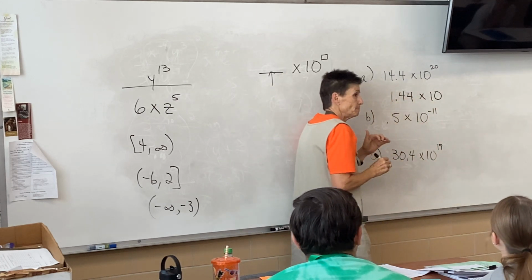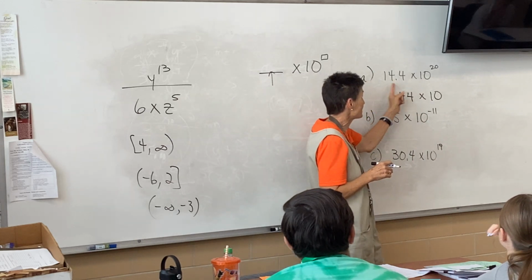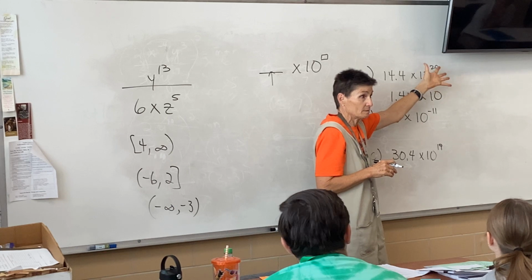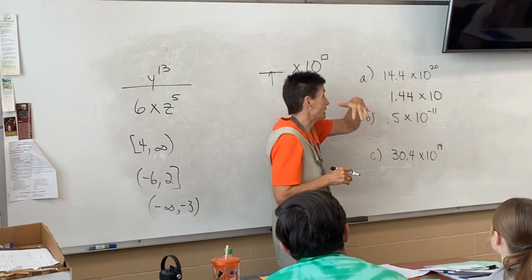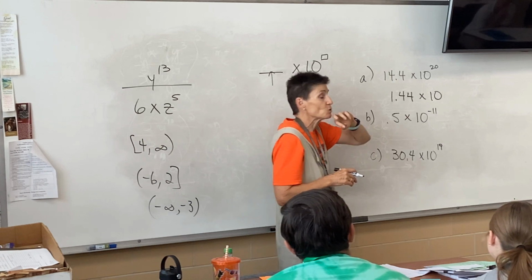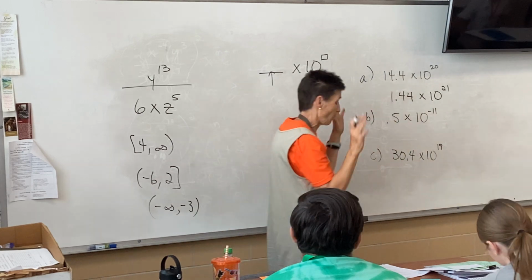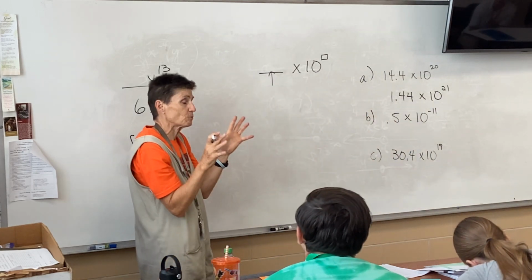Would you agree with that? Now I have to do something. I moved it one decimal place, so that number's going to change by 1. Do I make it 19 or do I make it 21? 21.